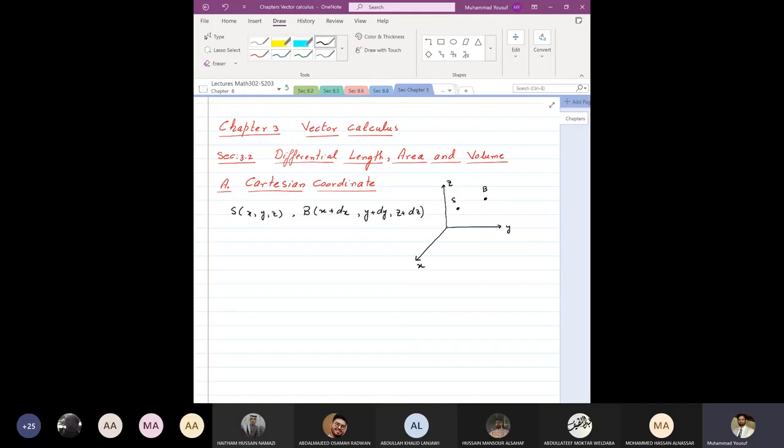You know from your calculus that we denote a small change by dx or dy or dz.